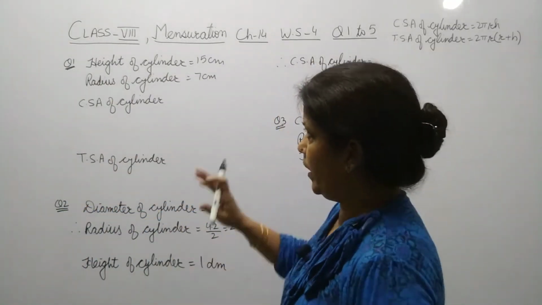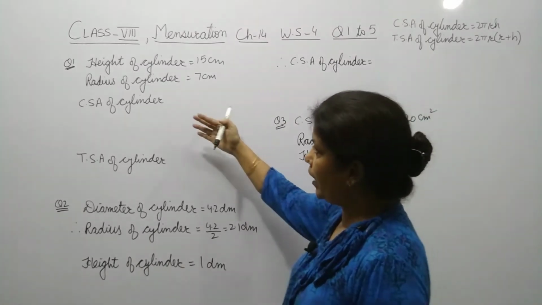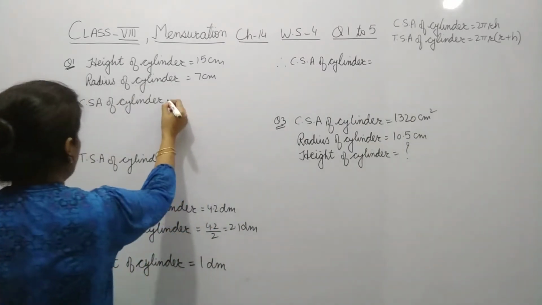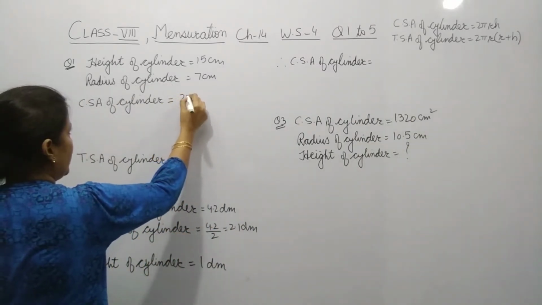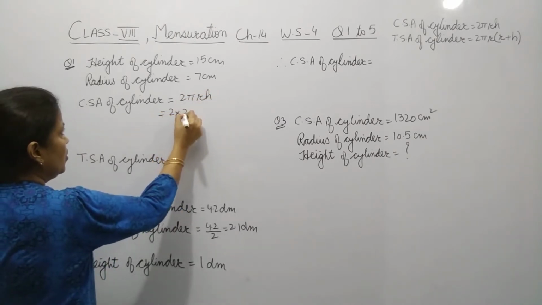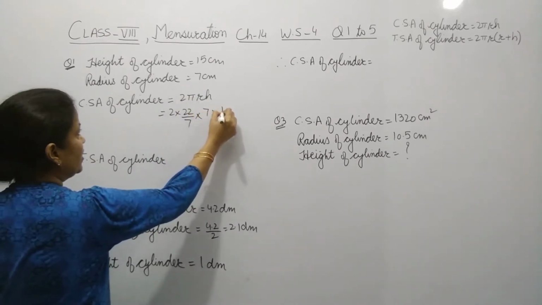In question 1, the height and radius of the cylinder are given, and we have to find the curved surface area and total surface area. Curved surface area of cylinder is 2 pi r h. Now put the values here: 2 into 22/7, radius is 7 and h is 15.